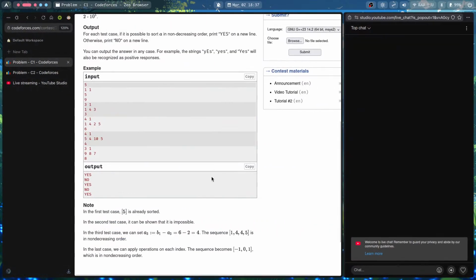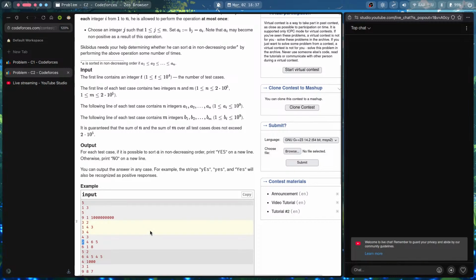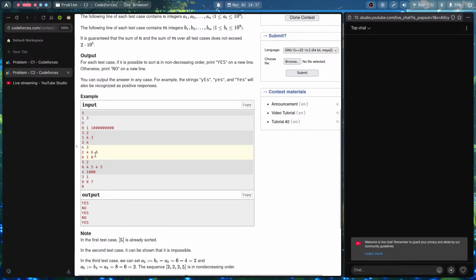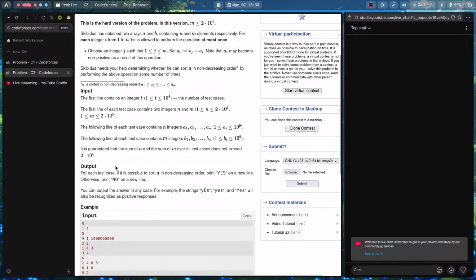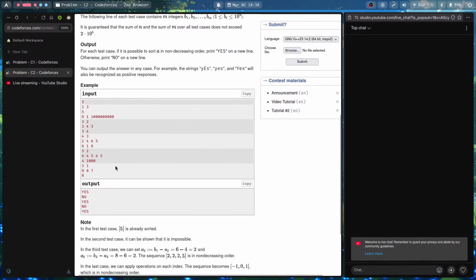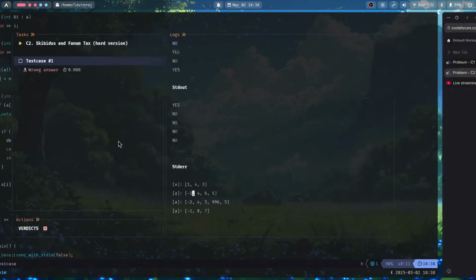Can we make that -1? There's the third one. So we take, no, not that one. This is the third test case. So we take one and it's okay. So it could be -1. That means, then what do we do?